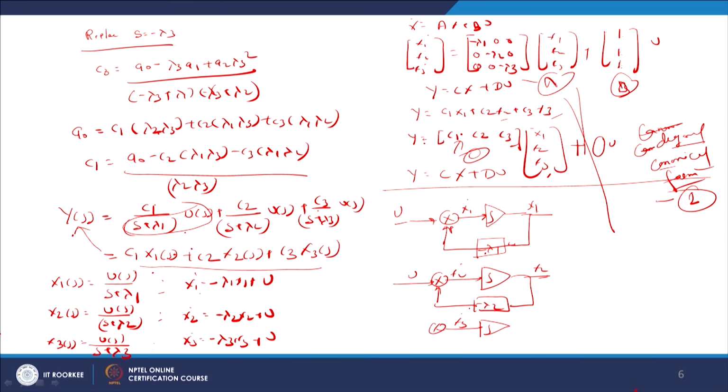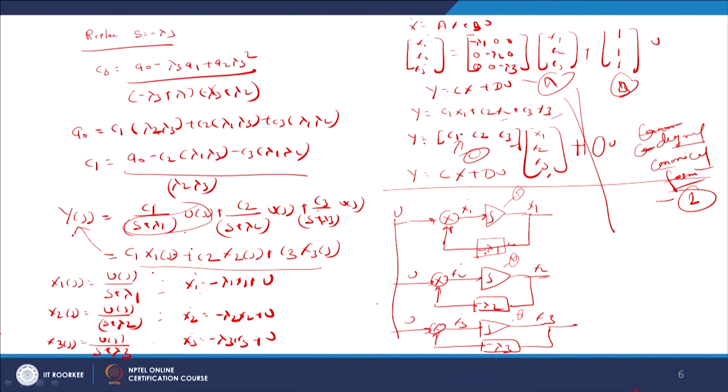Here x3 dot, here is x3, here is u, here is minus lambda 3, and we have connected it. So x1 dot, x2 dot and x3 dot. So we have taken 3 integrators, integrator 1, integrator 2, integrator 3. So u is common, so we can connect it. Finally we can say this is u.